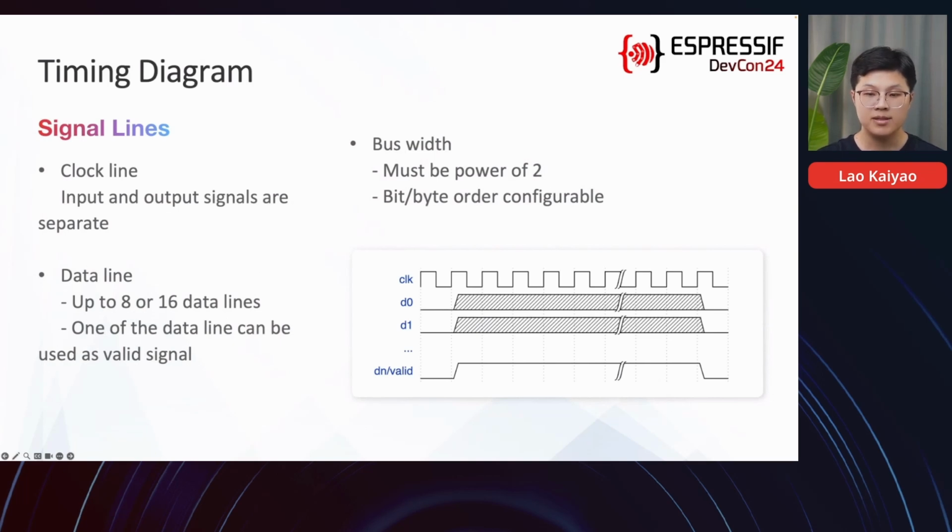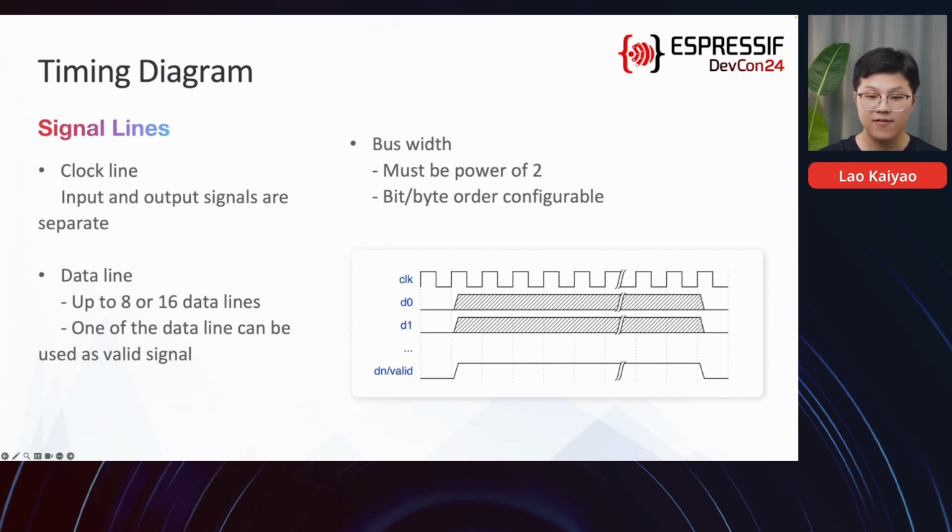Regarding different chips, there will be up to 8 or 16 data lines available, and one of the data lines can be used as a valid signal. This valid signal is optional, and it will occupy one data line if you need it. There is a limitation that the bus width must be a power of 2, like 1, 2, 4, 8, or 16.